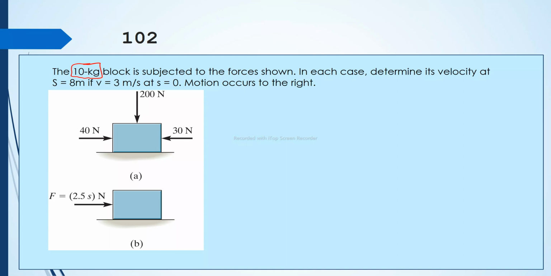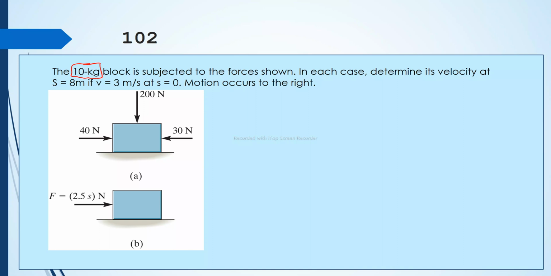In case B, you can see that the force is proportional to its distance traveled, or to its displacement. So it means that the greater the distance it traveled, the greater the force required. Since the force is increasing as it travels, the acceleration is not constant, it is also increasing.